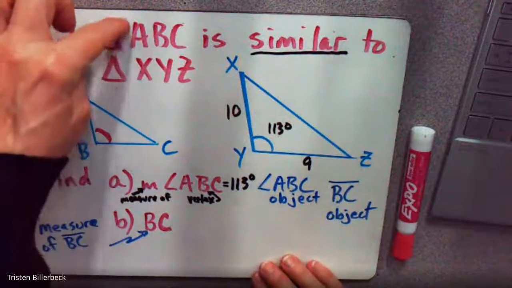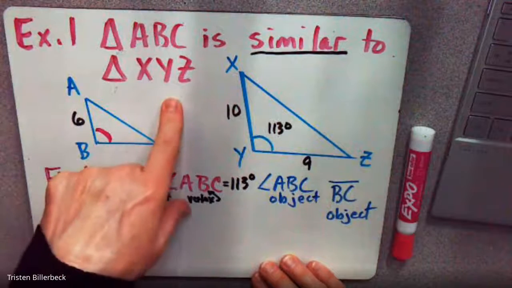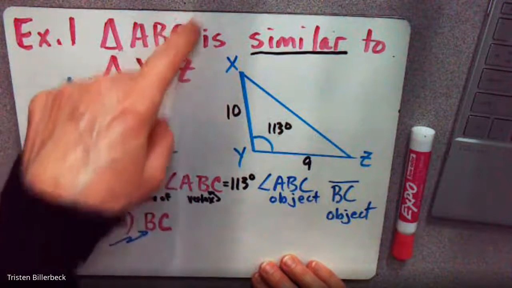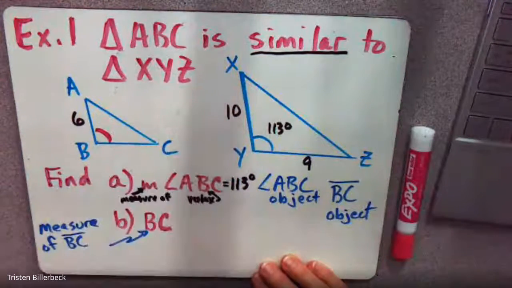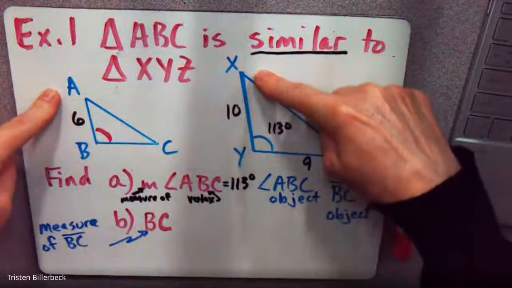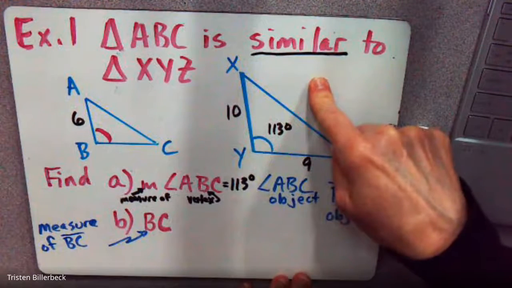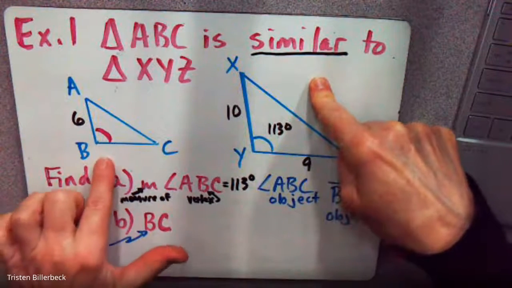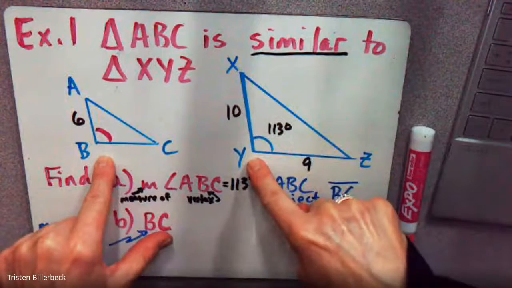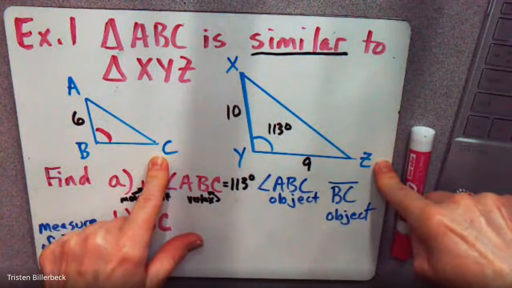Okay, this means angle A corresponds to angle X, angle B corresponds to angle Y, angle C corresponds to angle Z. So that means that angle A should be congruent to angle X, because when it said similar, it told us that. Okay, it told us angle B is congruent to angle Y, and angle C is congruent to angle Z.